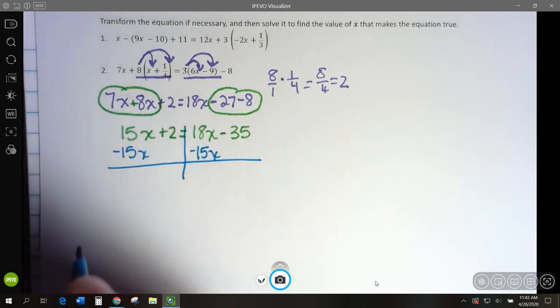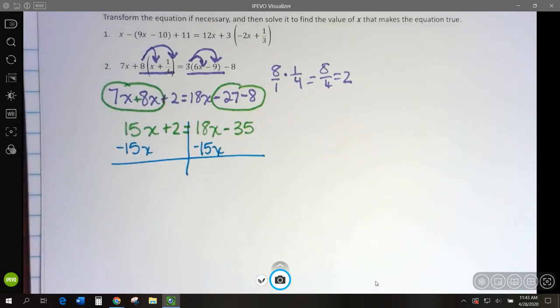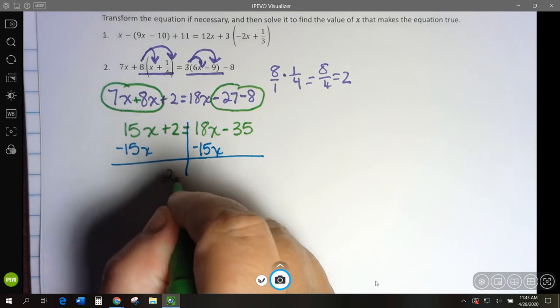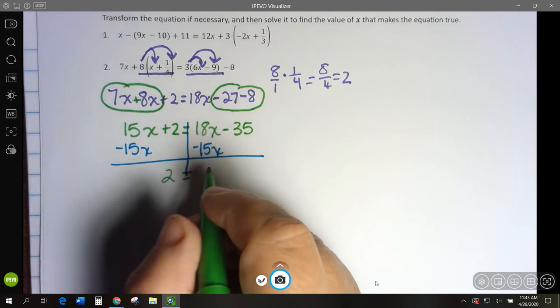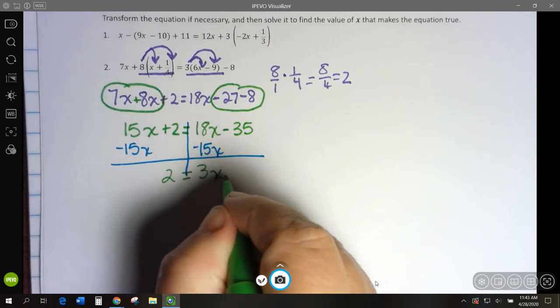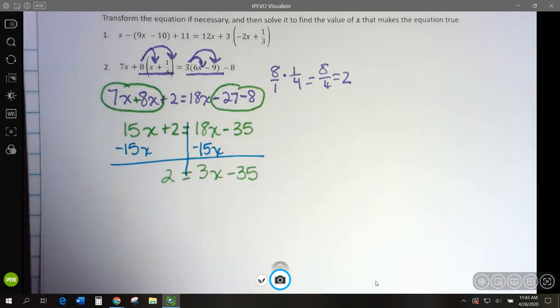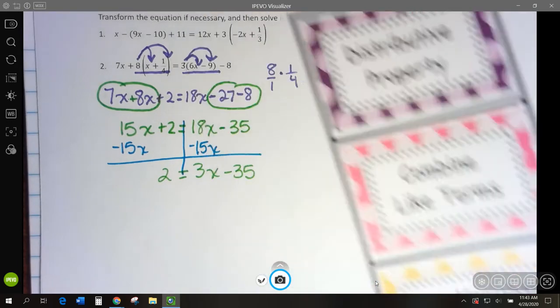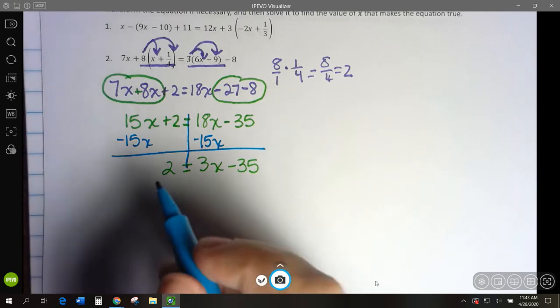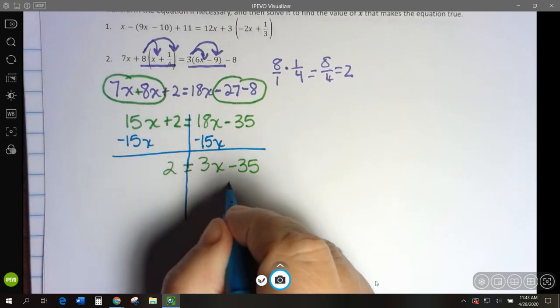These cancel, and we get 2 equals 18 minus 15 would give us 3x minus 35. Then we have to undo our addition or subtraction, right? We have subtraction, so to undo that, we're going to add 35.